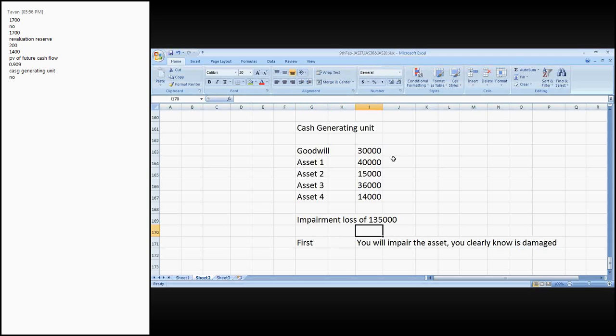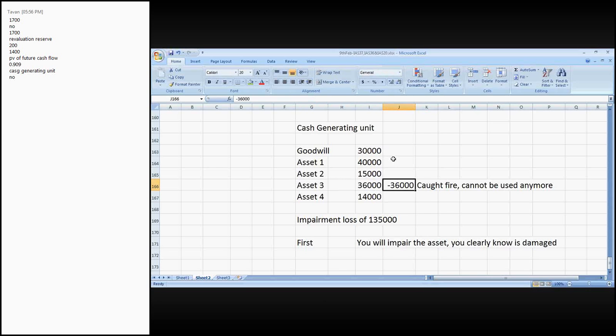That I know asset 3 caught fire, cannot be used anymore, or has suffered fire, so it will require major repairs and only then will be able to get back to work. So first of all, I'll charge the total impairment relating to this asset to it, minus 36,000.